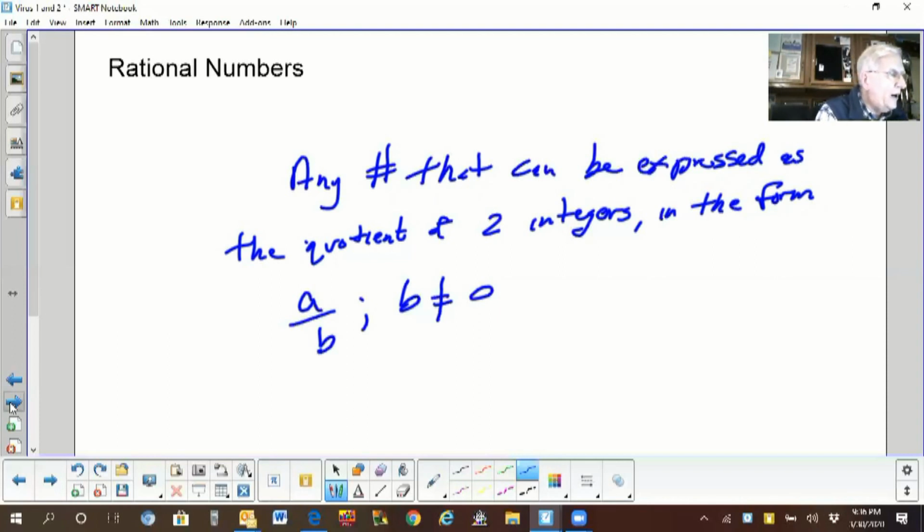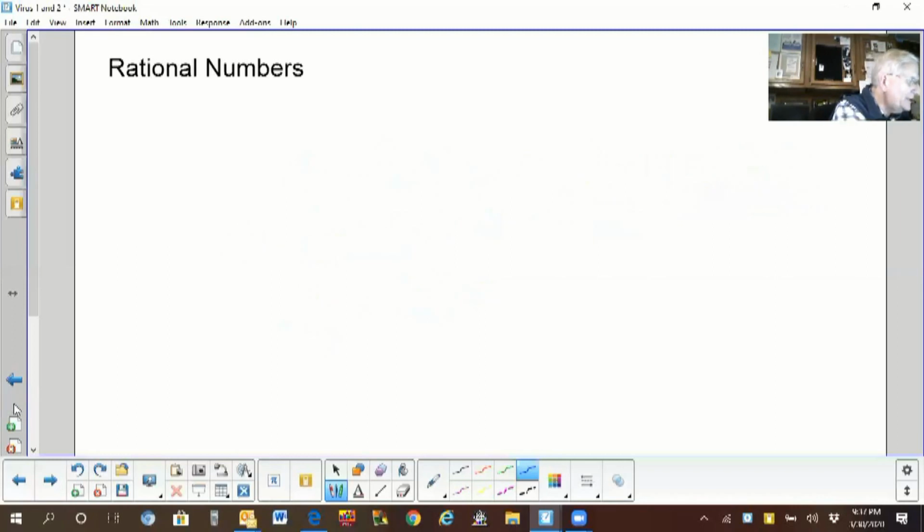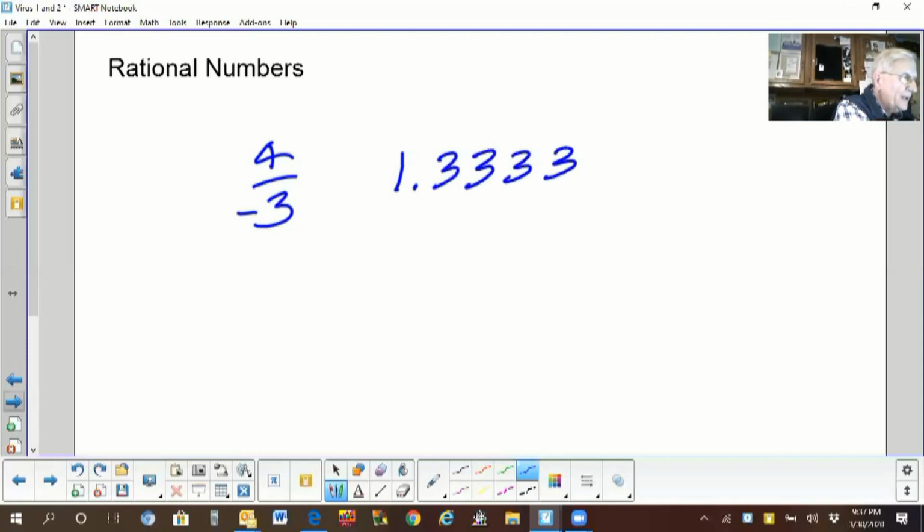But if you recall, the rational numbers have two ways that they behave if you try to divide them out and convert them into decimals, okay? So let's take a look at that. Let's take the fraction 4 over 3, or we can make it 4 over negative 3. If you divide this out on your calculator, you find that you get 1.333333, and the 3's just keep on going forever. Of course, it should be a negative sign here.